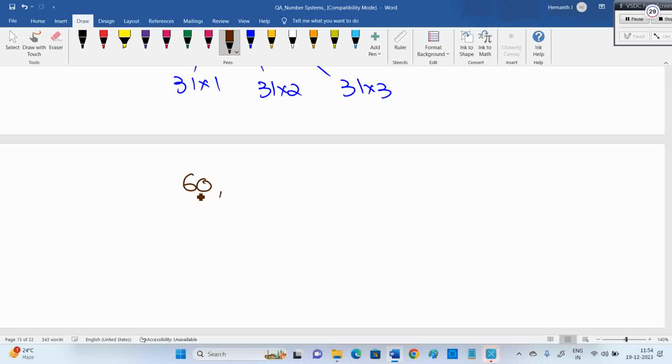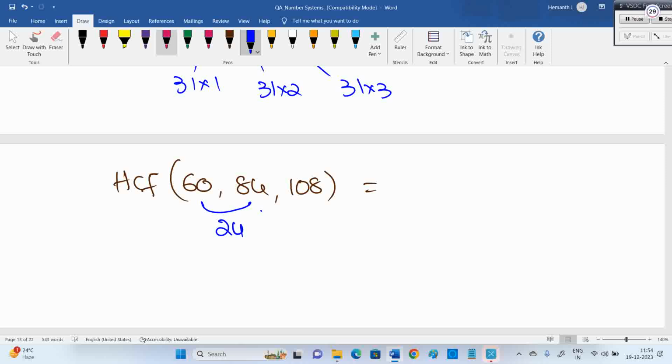Take the HCF for 60, 84, 108. As per the previous shortcut, first what do you have to do? Differences. What is the difference here? Here the difference is 24. Here the difference is 48.